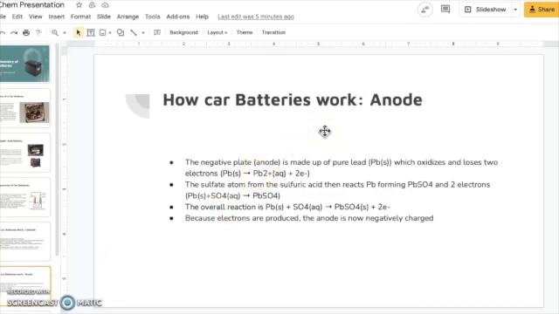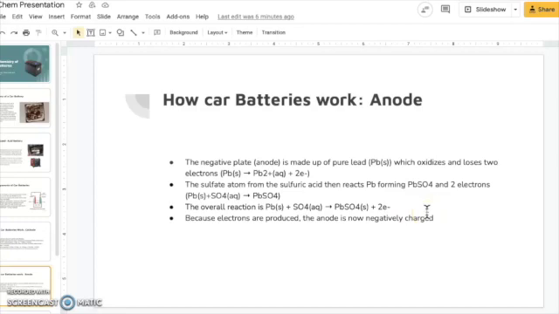How a car battery works. An anode. The negative plate, the anode, is made up of pure lead, Pb, which is solid, which oxidizes and loses 2 electrons. As you can see here, since there's a negative, we lose 2. The sulfate atom from the sulfuric acid then reacts with the lead and forms, as you can see here, lead sulfate and 2 electrons.